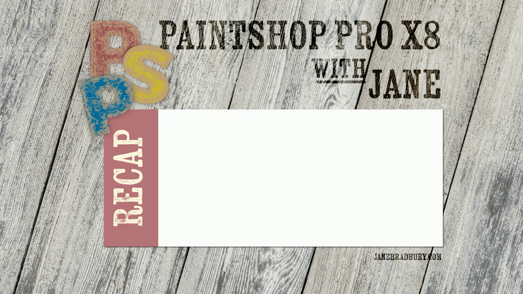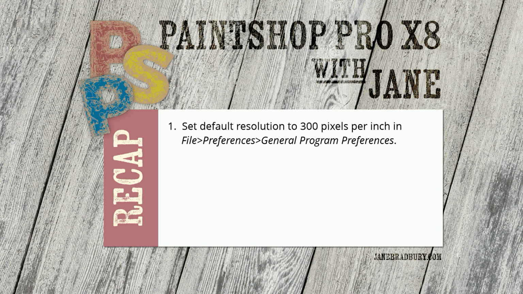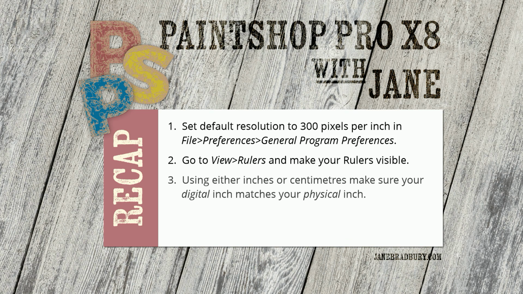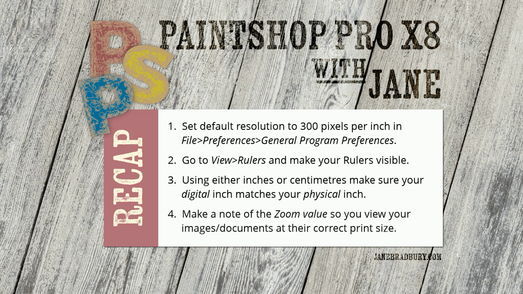So, to recap, what do you do? You set your default resolution to 300 pixels per inch in the file preferences. You put your rulers on and you use either centimetres or inches, it doesn't matter which, but make sure that the inches or centimetres match what you see on a physical ruler held up to your screen, so that you can work out what your zoom percentage is for a print view.